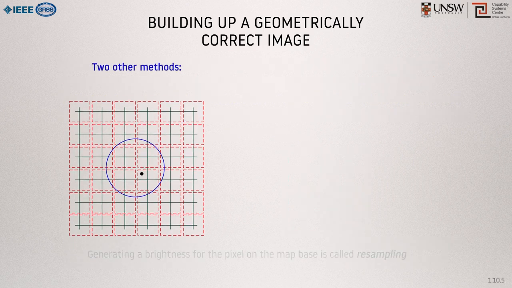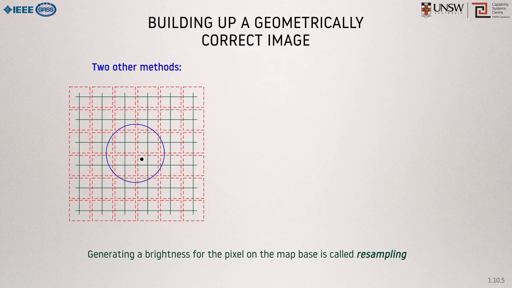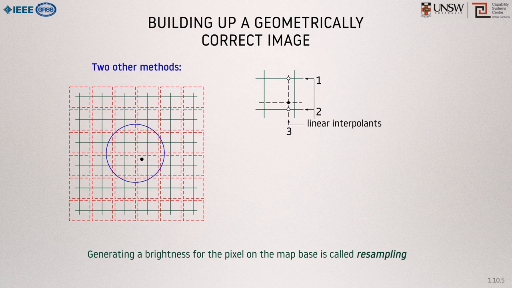There are 2 other resampling techniques often used in practice. Both are based on interpolations of brightness over neighbouring pixels. The first involves linear interpolations over the 4 surrounding pixels. It starts by computing the 2 interpolated brightness values along each scan line above and below the projected pixel point, using the real pixel values either side.